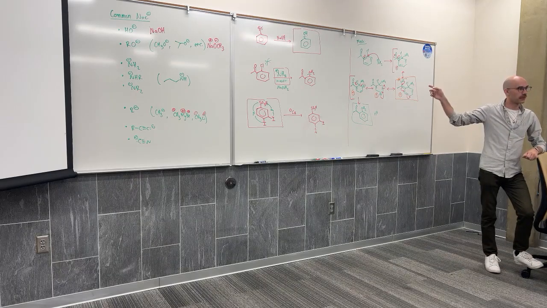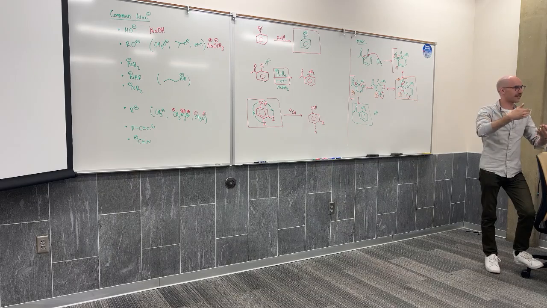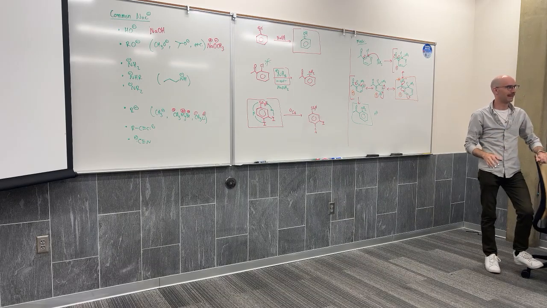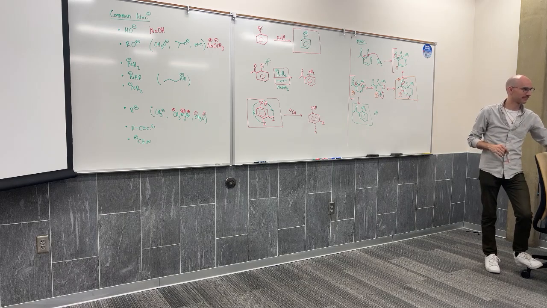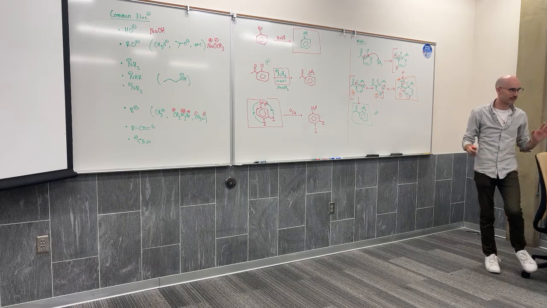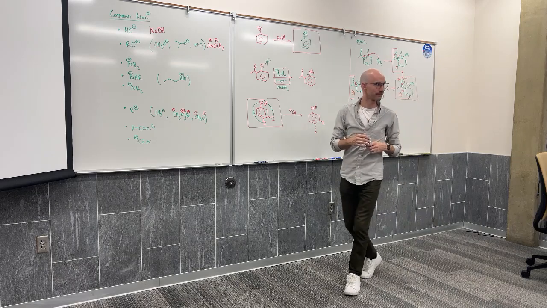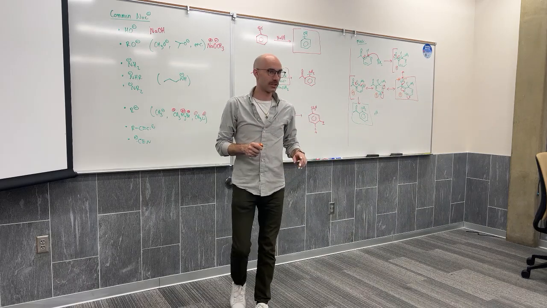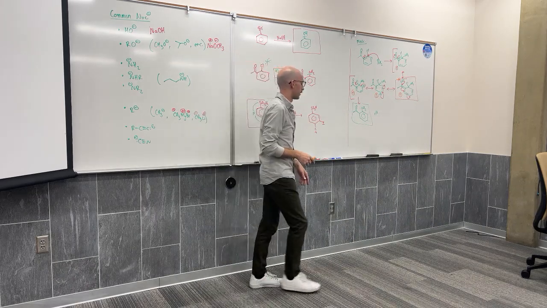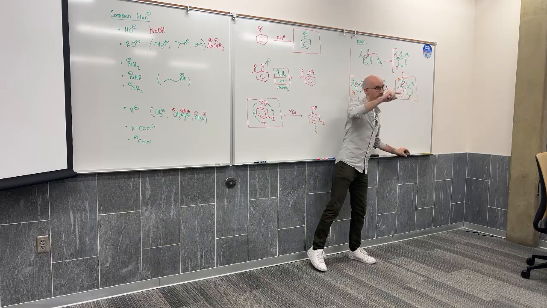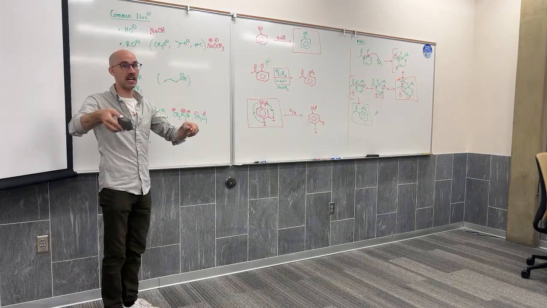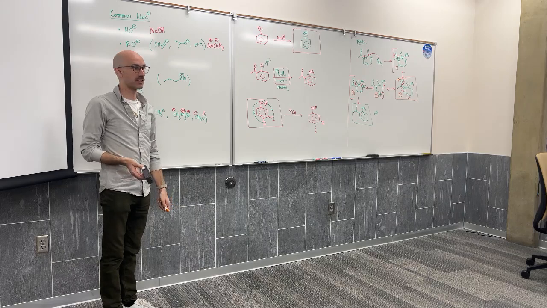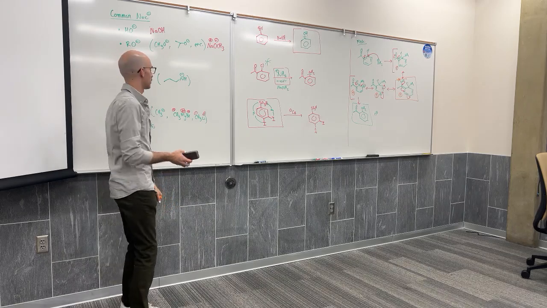Being an ortho/para director and being an activator go hand in hand, except for halogens, which are deactivators and ortho/para. All right, questions on the mechanism? Could you guys see yourself doing it with 2 electron withdrawing group substituents? You just add another resonance form. That's all.